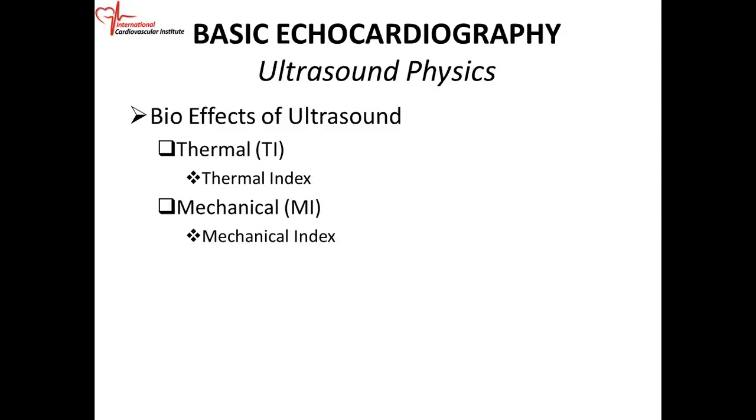And we're going to look at thermal index, which is abbreviated as TI. So when you look at the side of the machine on the screen, you'll see TIS or TIB. Are you going to see MI? Okay. So TI is thermal index.